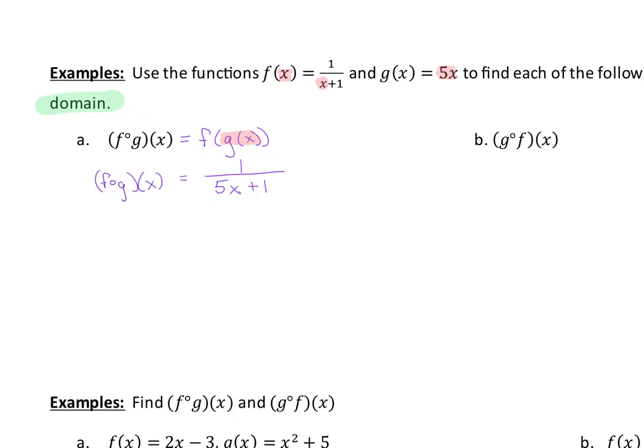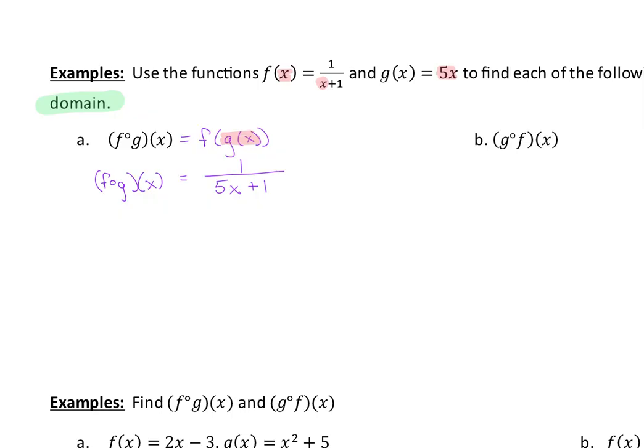But we do want to know our domain restrictions. Now, the first thing we're going to look at is, okay, what are the domain restrictions for g of x? And because g of x is a linear function, g of x has a domain of all real numbers. So we don't have to worry about that. Now, the second thing that we have to consider is the combined function. Does it have any restrictions? And it does.